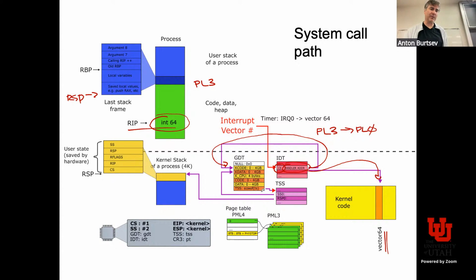So the hardware picks up a new stack. The way it does it is that it has another register which stores the task state segment, an entry in the global descriptor table which points to yet another data structure called the TSS, or task state segment. This TSS has a pointer to the new kernel stack, and it also loads the stack segment with the value of SS, which is in the TSS as well.